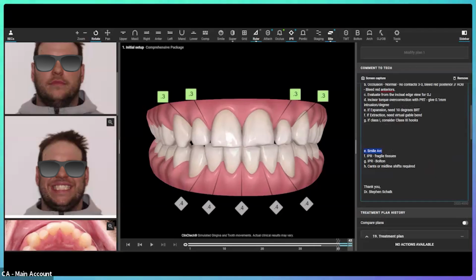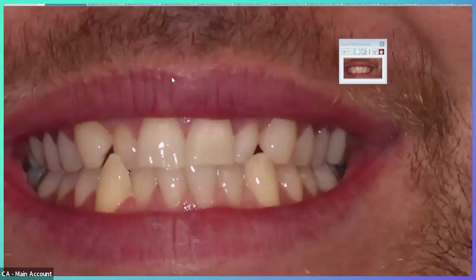In terms of his midlines, because that's going to be coming up in just a sec, I have changed the order of this nowadays. So I look at midlines at the same time as we look at the smile arc. If you look, his philtrum is right here. His midline is maybe slightly to his right. He's got some asymmetries with his nose, a bit of a deviation to his right.